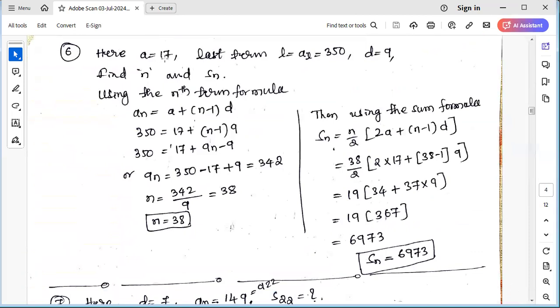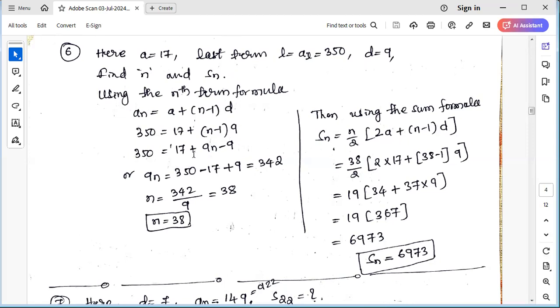Here, the first term is 17. Last term l is equal to 350. And it is told that the common difference is 9. So we have to determine n and Sn. So here, using the nth term formula, we can write an is equal to a plus n minus 1 into d. an is the last term, so it is 350 is equal to a, the first term, 17 plus n minus 1 into d. d means 9.